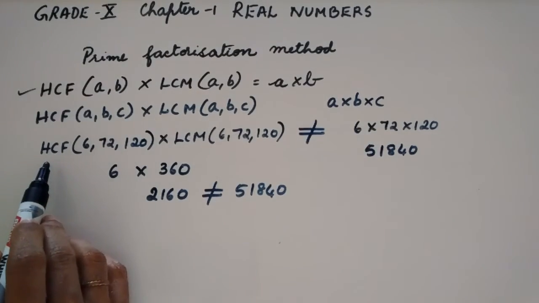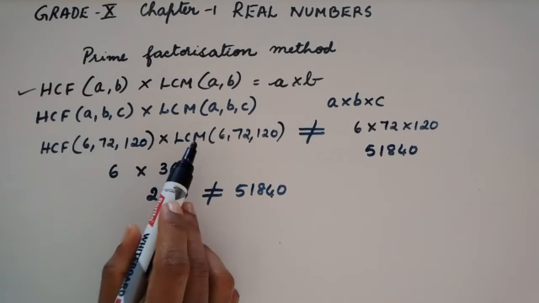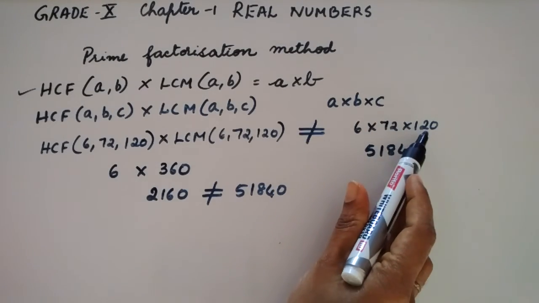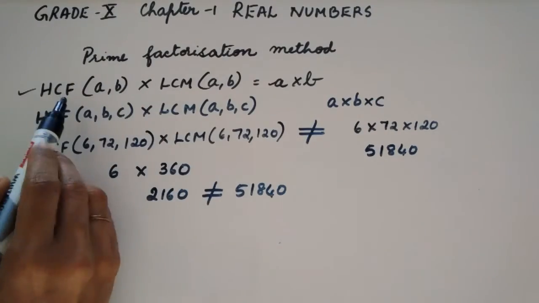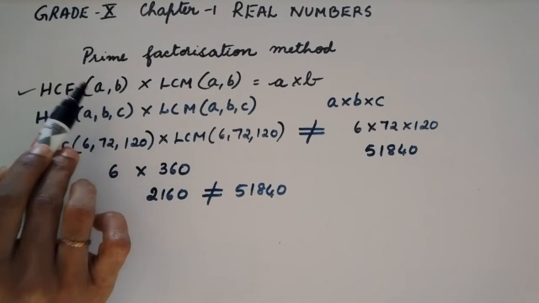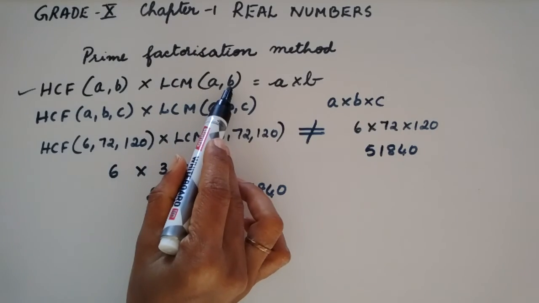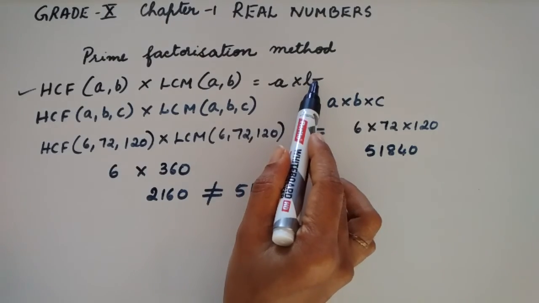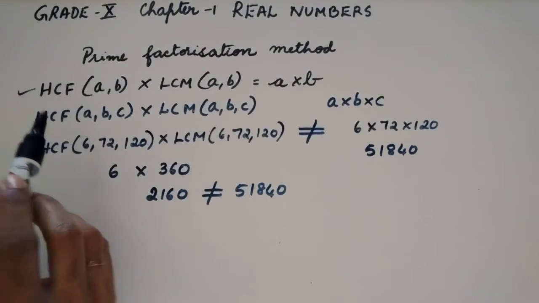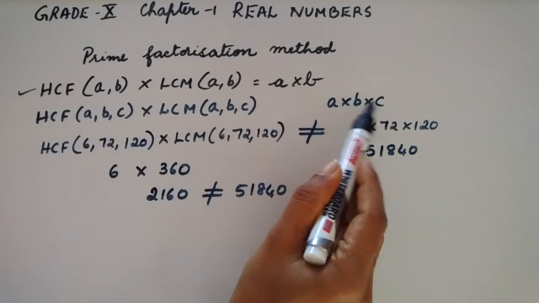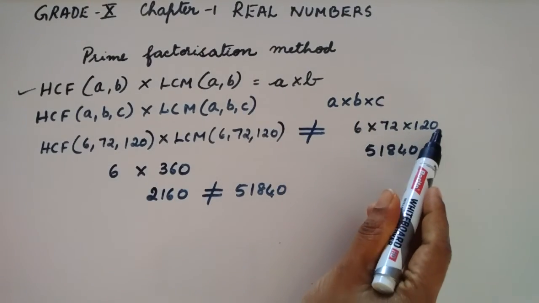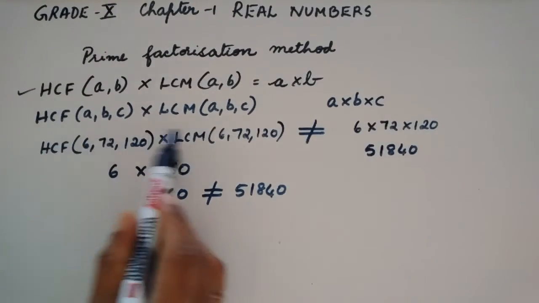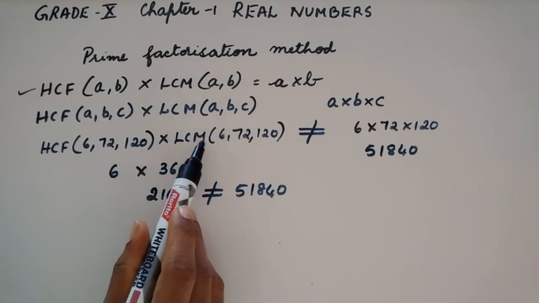So the product of the HCF and the LCM is not equal to the product of the three numbers, isn't it? So here HCF of two integers into LCM of two positive integers will be equal to the product of the two positive integers. But here the product of three numbers, that is 6 into 72 into 120, is not equal to the product of their HCF and LCM.